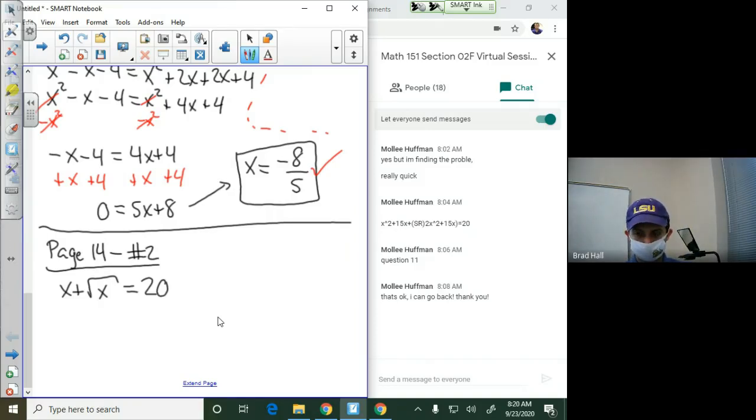So for this one, really there's two ways you could do this problem. The way I would recommend, really for consistency's sake, is U substitution, but you may also use the radical equation method from the workbook.